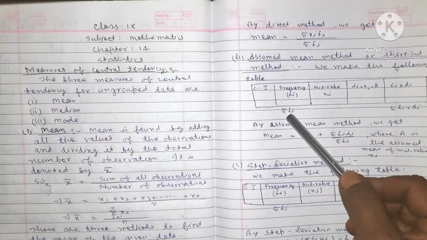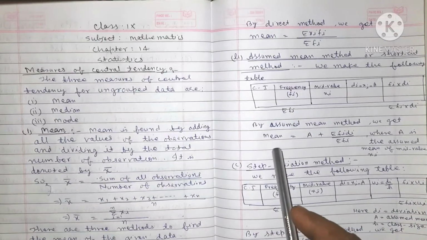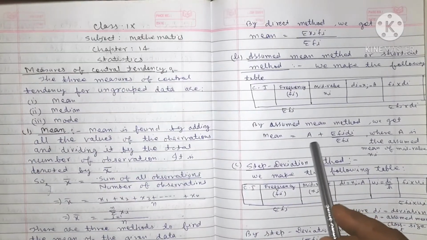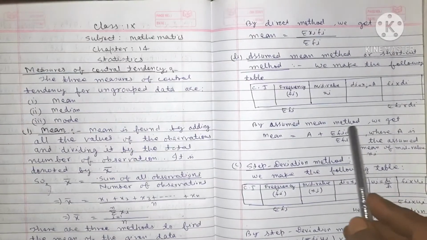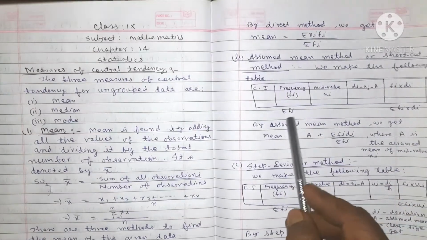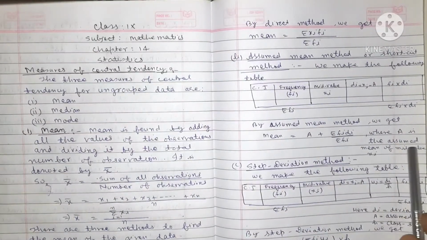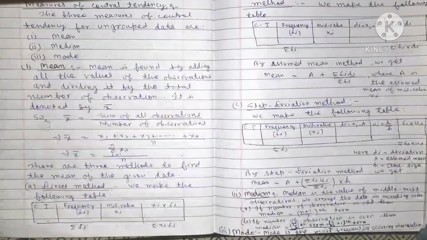We add this column, we write sigma fi. By assumed mean method, we get mean equals assumed mean a plus sigma fi di by sigma fi, the sum of this column divided by the sum of this column, where a is the assumed mean of mid value xi.